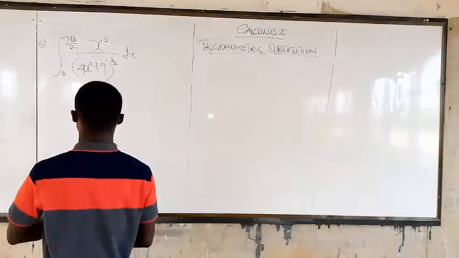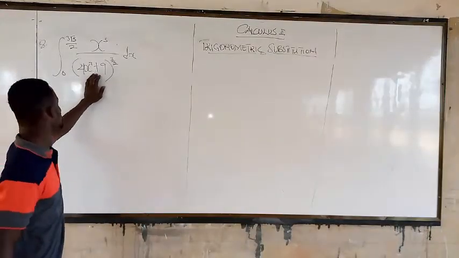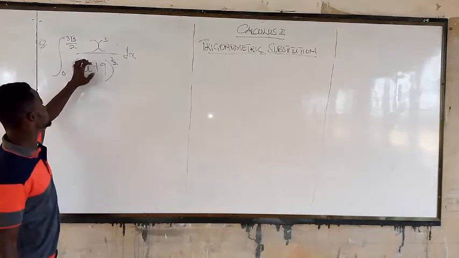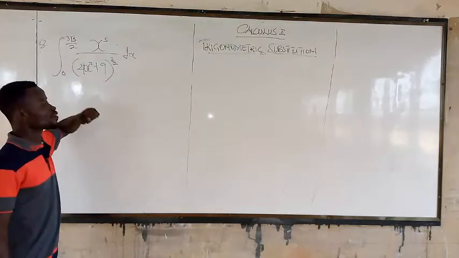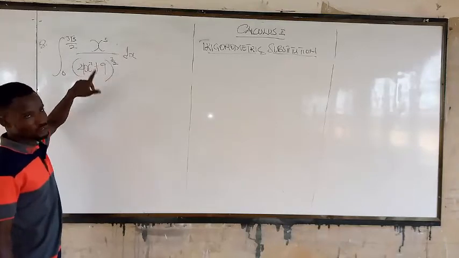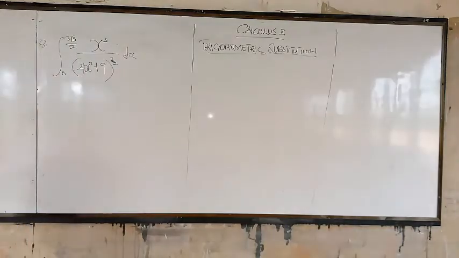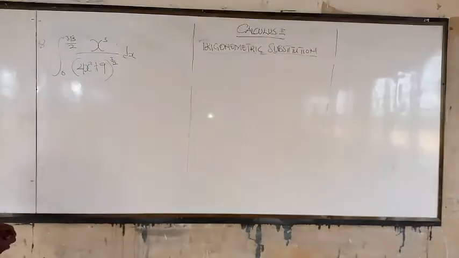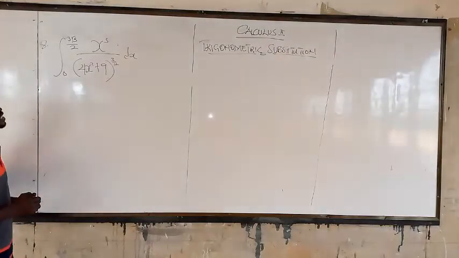Looking at this question, you can see that u substitution will not work because when you set u to be equal to the inside here, and when you differentiate it, look at the power and the power. You see, it will not work. Even if you work, you will suffer some more on your way. So let's go by.